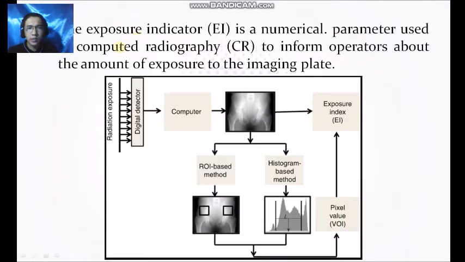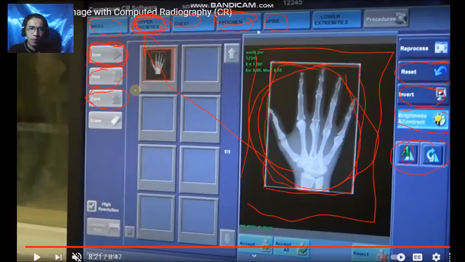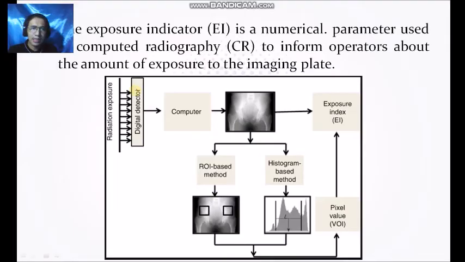Okay, so we also have an exposure indicator. So how is it that the automatic scaling system is able to convert the different values of pixel into another type? That is actually part of the exposure indicator. The exposure indicator is similar to a histogram. Again, the histogram is the values of the pixel being represented in a graph.